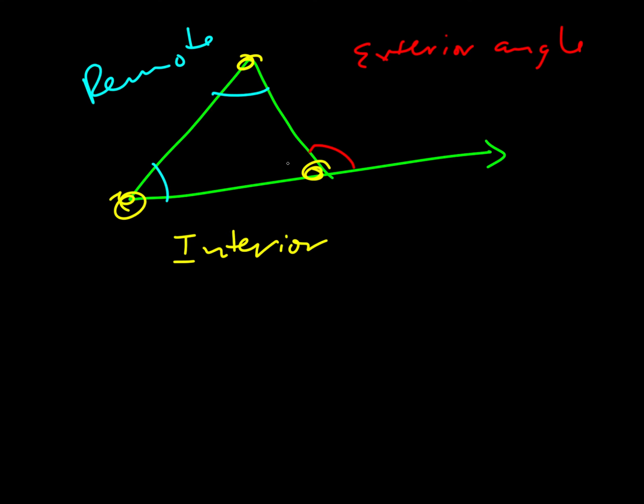I'm going to do this through colors. So we know that if we add these two, it's going to be 180 because it's a linear pair. So if I do pink plus red, I'm going to get 180 degrees.